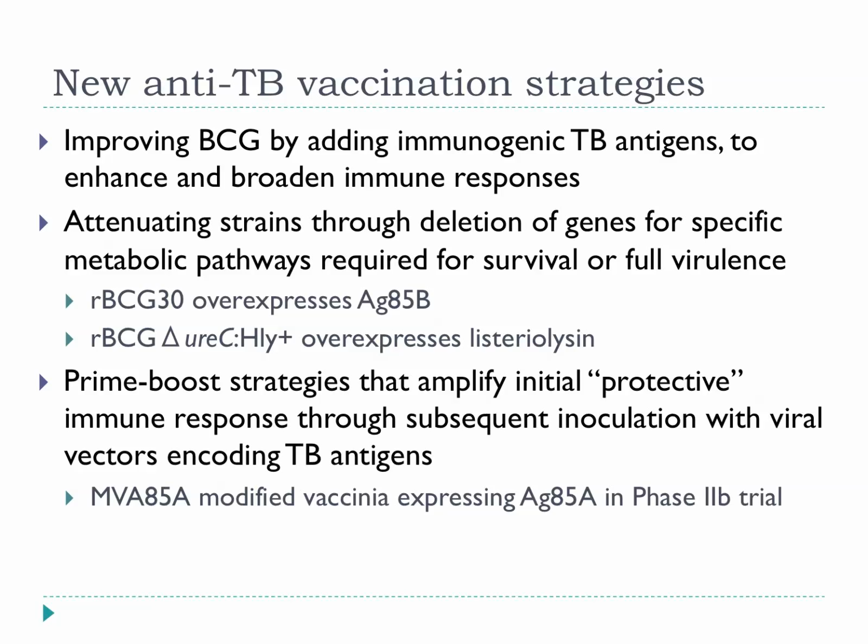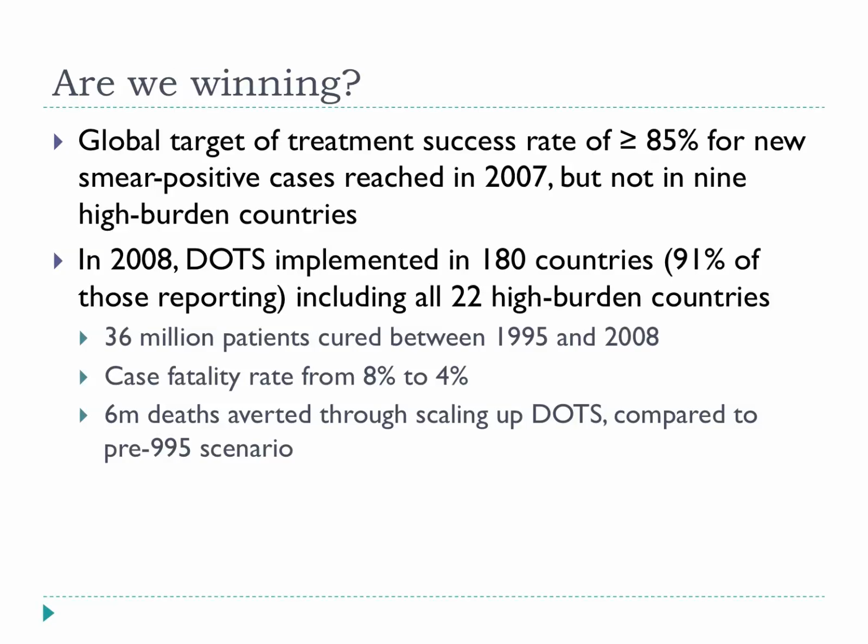One that's being looked at the most is the so-called modified vaccinia vaccine, which is the old smallpox vaccine, but re-engineered to express tuberculosis antigens. And this approach seems to be looking favourable so far in laboratory work and in trials.